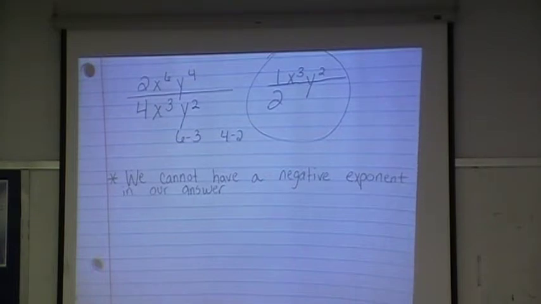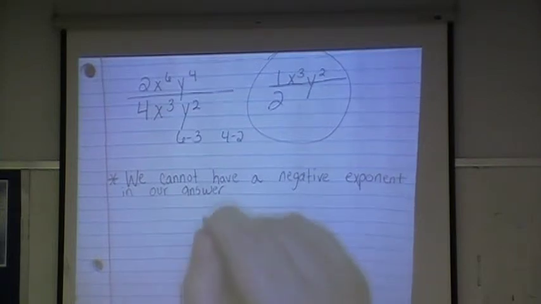Okay? Now, you can have a negative whole number, but you can't have a negative exponent. When you have a negative exponent, don't panic. There's an easy solution to it. There's a big long word called the multiplicative inverse property. We don't really care what it's called. We just want to know how to fix it. Which means we're going to flip something. We're going to watch with an example.